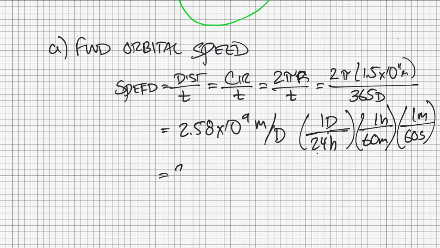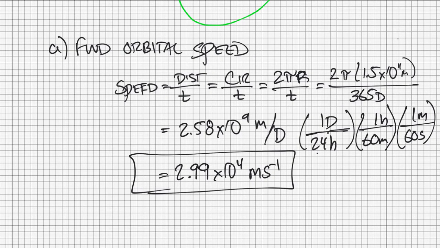And when I do that, I get 2.98, or 99 really, times 10 to the 4 meters per second. So that's how fast we're traveling throughout space in meters per second.